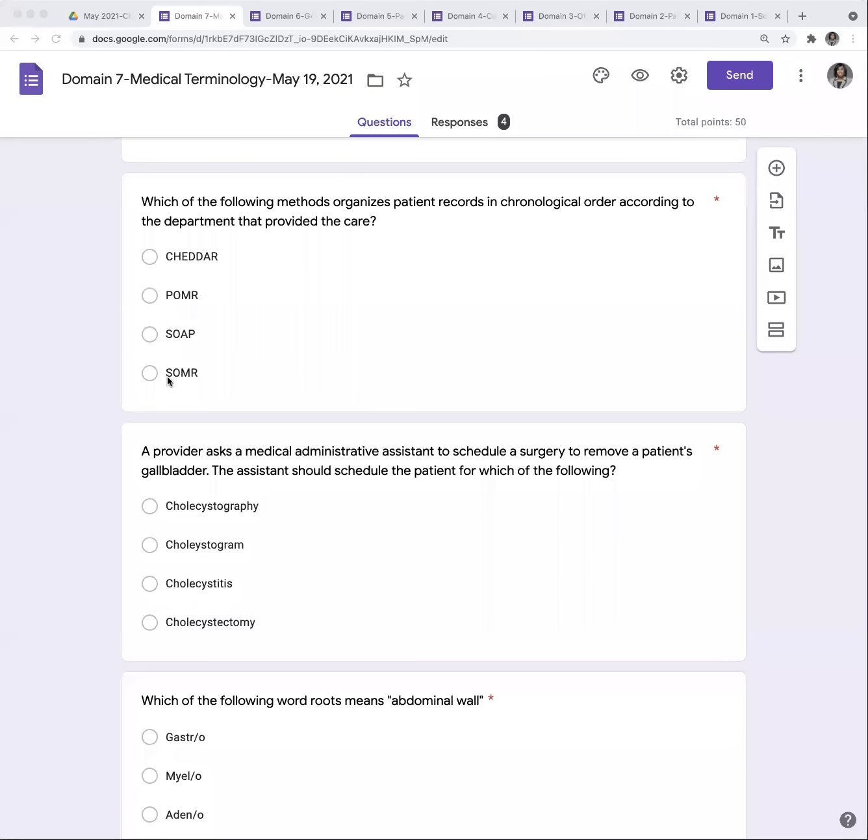Which of the following methods organizes patients' records into chronological order?